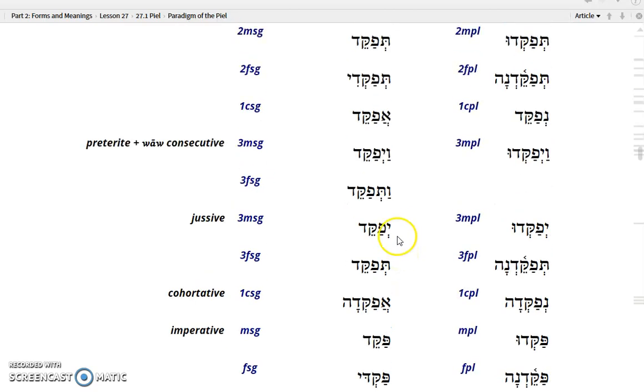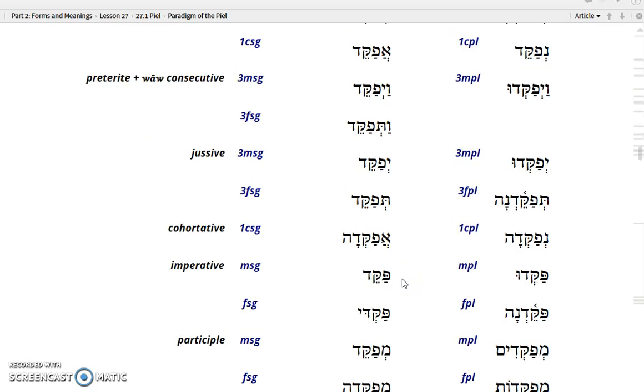Vav consecutive, we've already talked about. Jussives will be the same as the imperfect for a strong verb. And coordinatives, again, a prefix aleph, suffix qamets he, though the vowels in between are different. You get a shewa under the preformative.